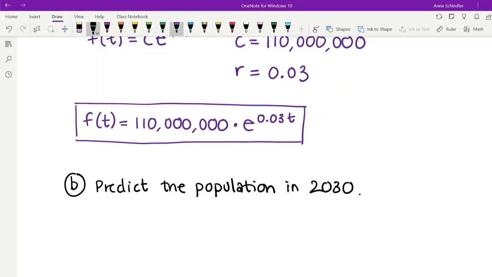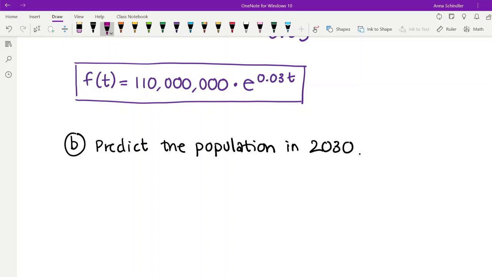What do we need to do in order to predict the population in 2030? We just need to plug some value for t into our function, right? And what is the value of t we want to plug in? Well, 2030 is 10 years after 2020, right?